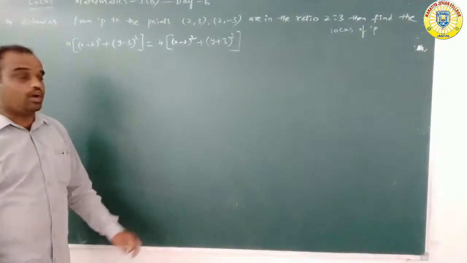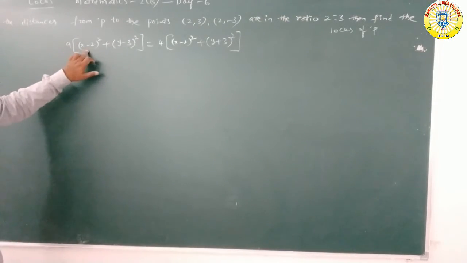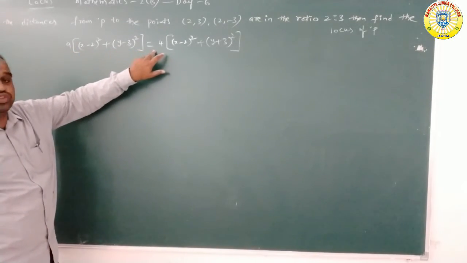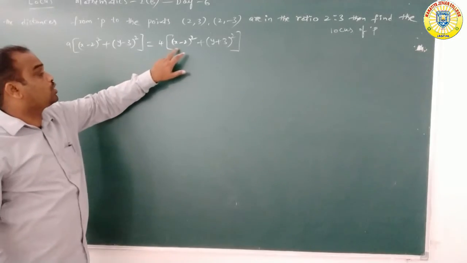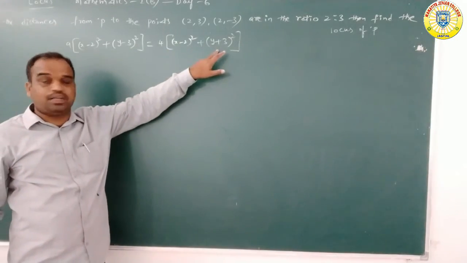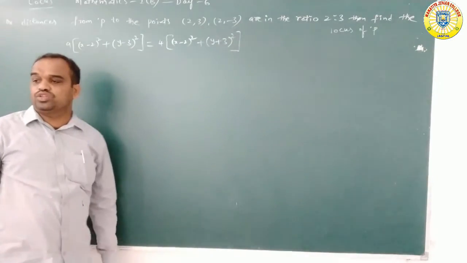Continuing: 9 into (x minus 2) whole square plus (y minus 3) whole square is equal to 4 into (x minus 2) whole square plus (y plus 3) whole square.